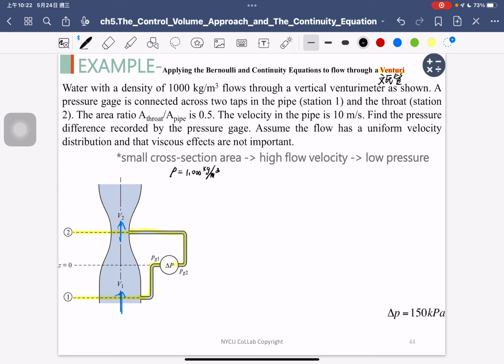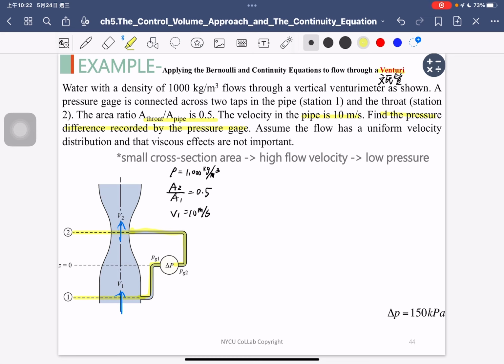And we know the area ratio here: A2 divided by A1 is equal to 0.5. And we know the velocity in the pipe, V1, is 10 meters per second. So please find the pressure difference recorded by the pressure gauge.